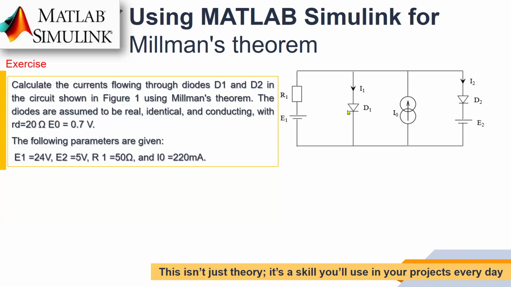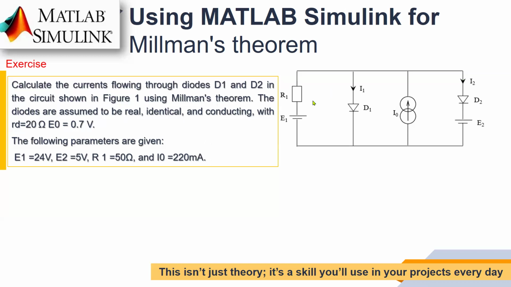Real means that for each diode we have an internal resistor and we have a forward voltage. Okay, we have forward voltage, not an ideal diode. So if you want to use theoretical calculation, you can calculate firstly the voltage of its branch.